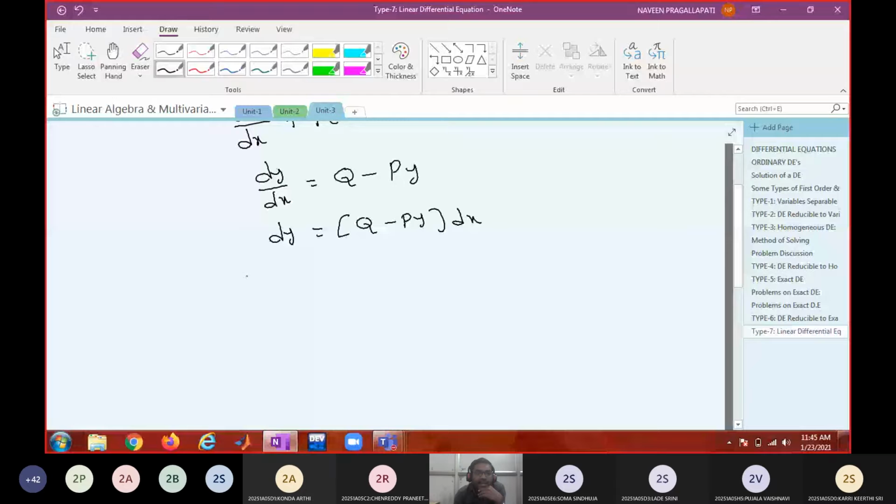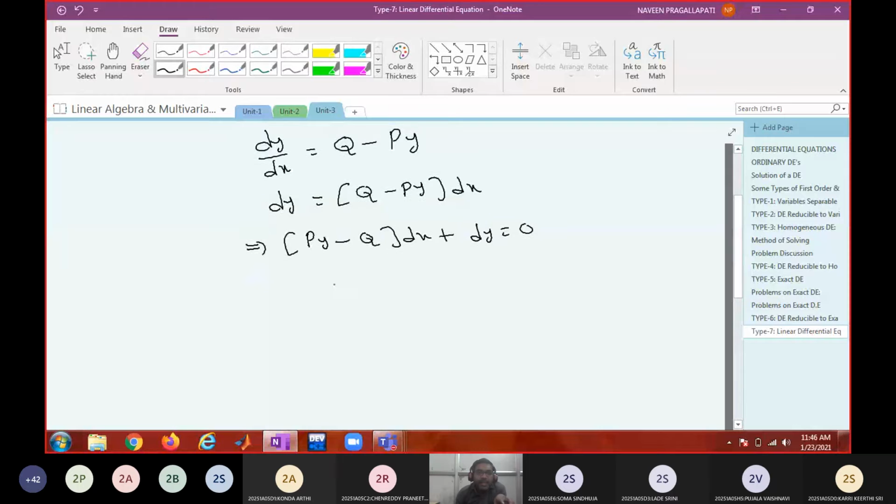Am I right? Or if I write this as (Py minus Q) into dx plus dy equal to 0. Is it in M dx plus N dy form?